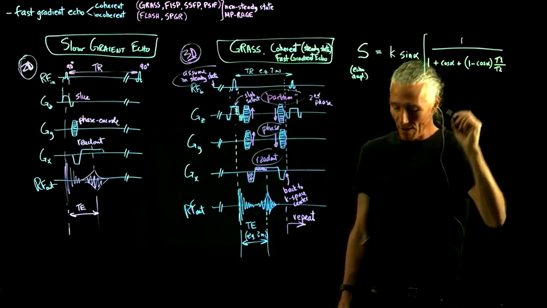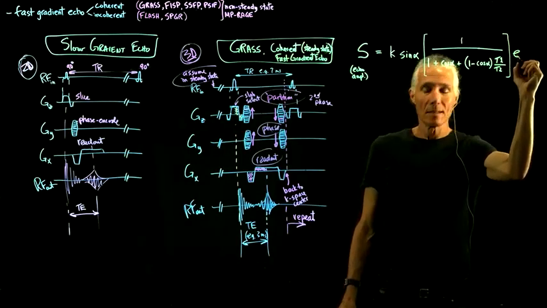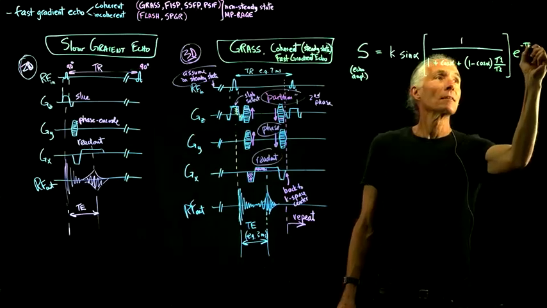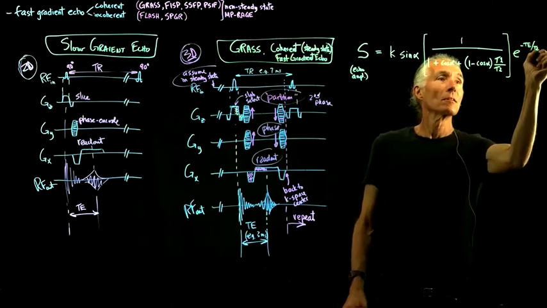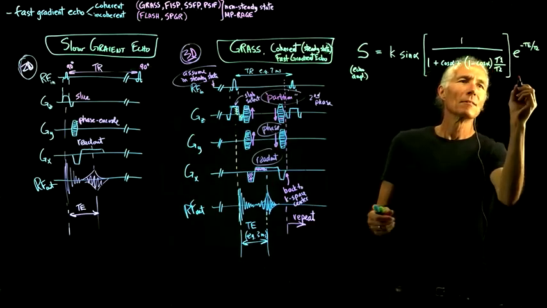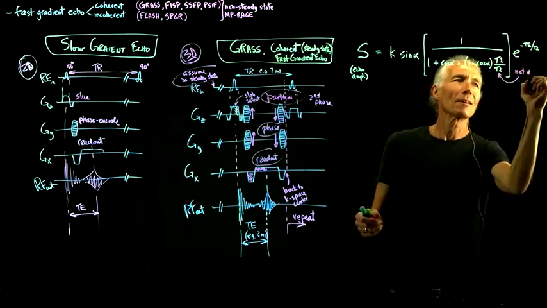Okay, so then that whole thing is also multiplied by e to the minus TE over T2. And so those are actually T2, not star.